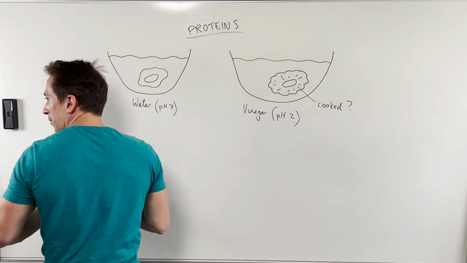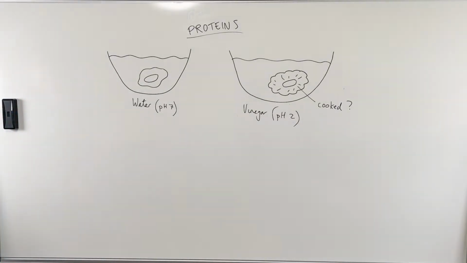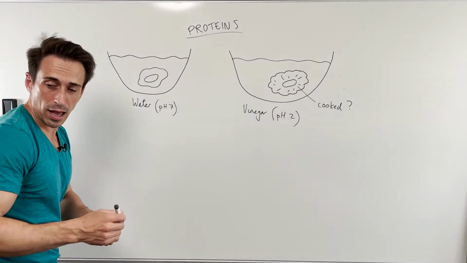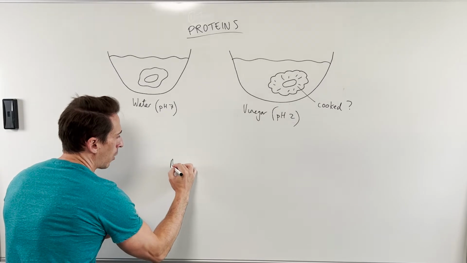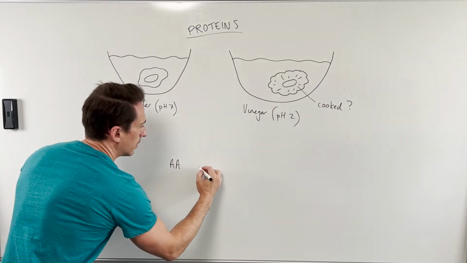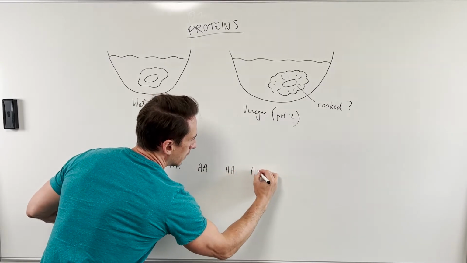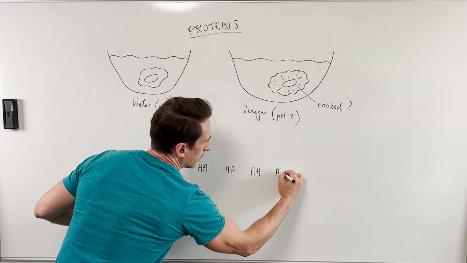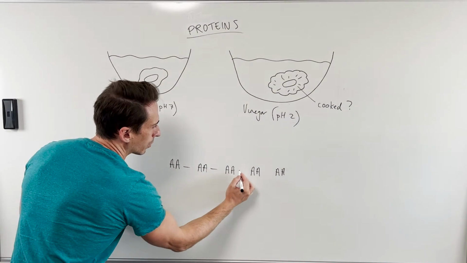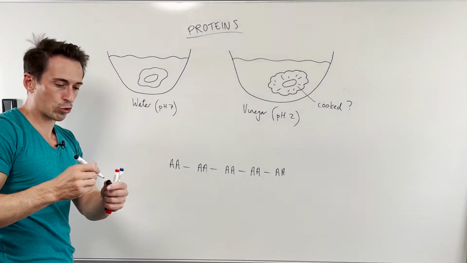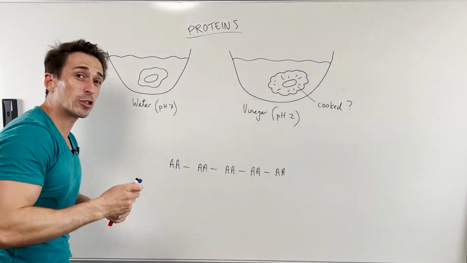So for example, I'll get another pen. You can have an amino acid. So I'll just write it like an amino acid, an amino acid, an amino acid, an amino acid, an amino acid. Remember, they're all connected in this big long string of amino acids, and they've all got different side chains.